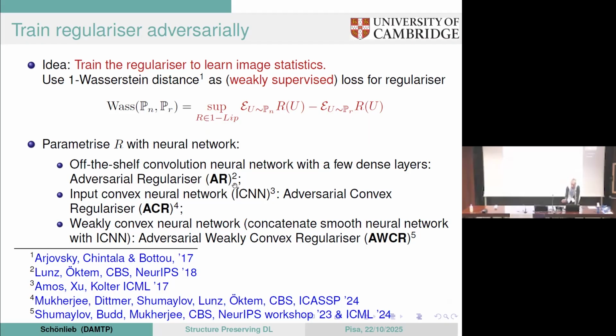So what we started out with was very naive, just an off-the-shelf convolutional neural network, and that gave rise to the first instance of what we called the adversarial regularizer, just because it has been trained in this adversarial manner, but it also meant that the variational regularization problem we ended up with in the end was non-convex. And in that case we actually also needed to add a little L2 squared term to make it even bounded from below. Then we went to the other extreme and we imposed convexity.